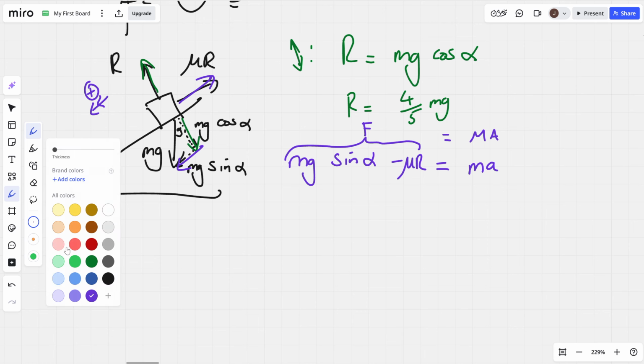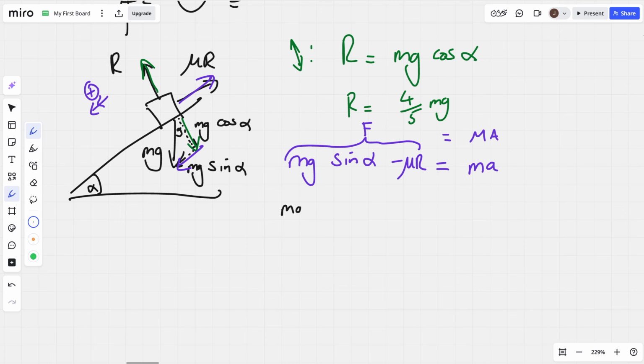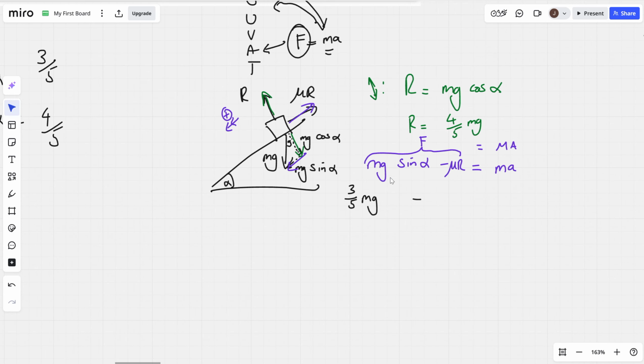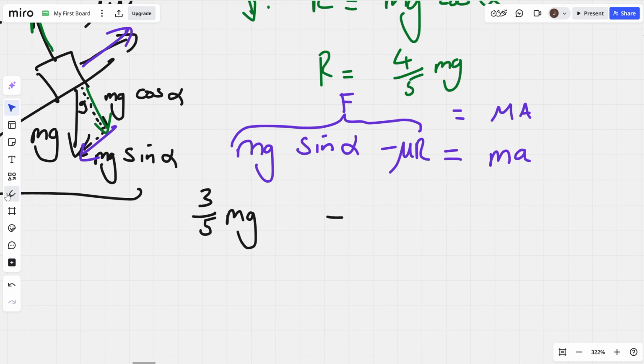Now, if I start subbing some stuff in, sine alpha was 3/5. So instead of mg sine alpha, I'm going to say 3/5 mg. Mu R, did we know what mu is? Yes, it's 0.5. R is what we got from just a minute ago, so times 4/5 mg equals ma. And then I could do a little bit of cleaning up here.